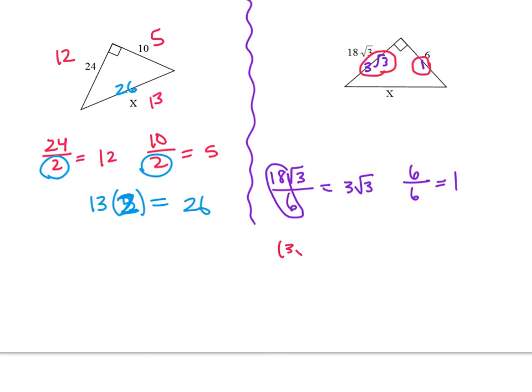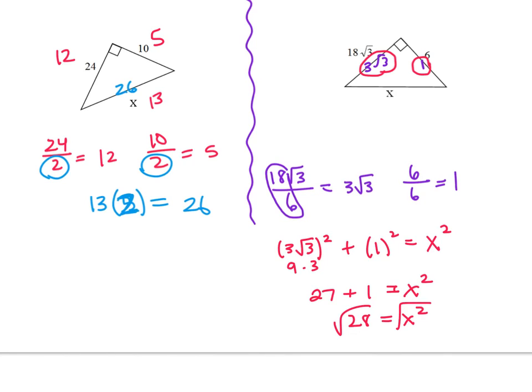We're going to say 3 square root of 3 squared plus 1 squared equals x squared. 3 square root of 3 squared, remember, square the 3, you get 9. The square root of 3 squared is 3, so this becomes a 27, plus 1 squared is 1, equals x squared. 27 plus 1 is 28 equals x squared.